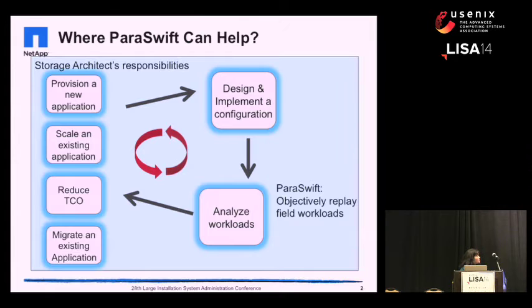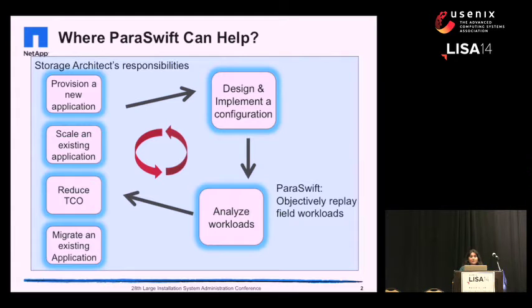Typically, when you are into one or more of these scenarios, you need to figure out what's going to be my new architecture. Am I going to design it and then implement it in a way that I can test it and see if things are fine before you go into production? And then you need a suite of applications on which you want to validate your infrastructure.